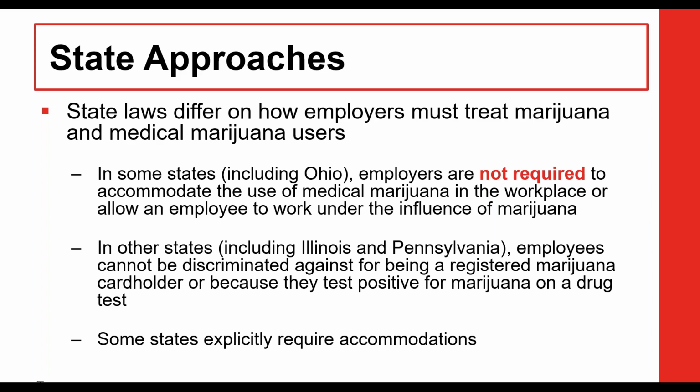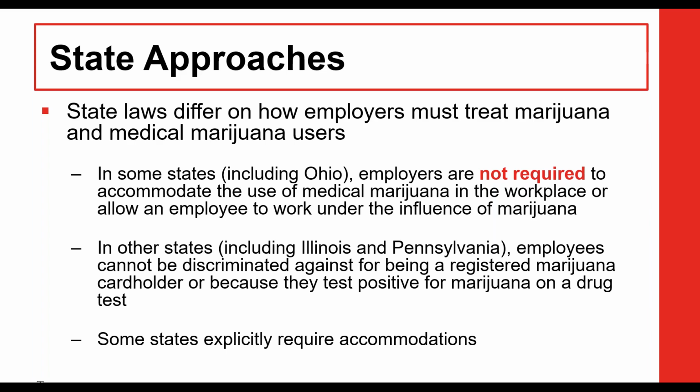So, as I mentioned before, in some states like Ohio, employers are not required to provide accommodations for medical marijuana users. Certainly, they're not allowed to allow an employee to work under the influence of marijuana, which is true in every state. But in some other states like Illinois and Pennsylvania, employees cannot be discriminated against for being a registered marijuana card holder or because they test positive for marijuana on a drug test due to their protection under the state's medical marijuana scheme.